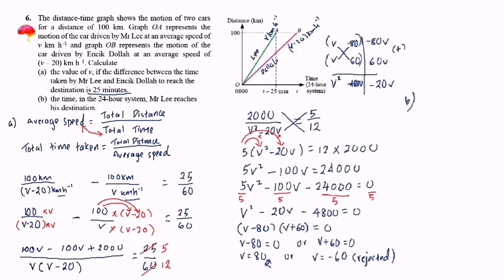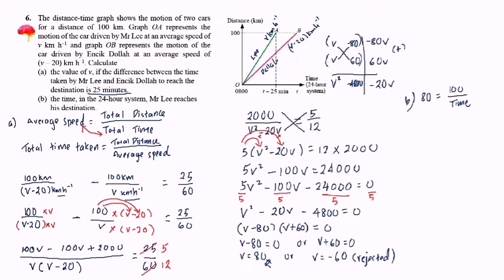The time in 24-hour system, Mr. Lee reached his destination. So we use the formula of average speed equals total distance over total time. Average speed is 80 equals total distance 100 km over total time. And when we find the total time here is in hour because the unit is 80 km per hour.